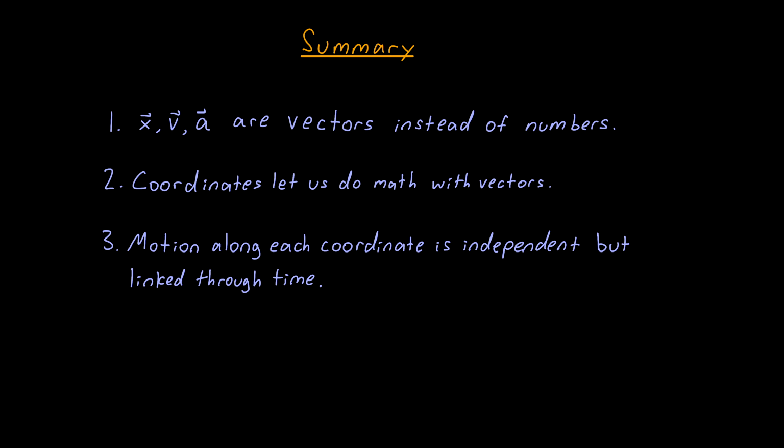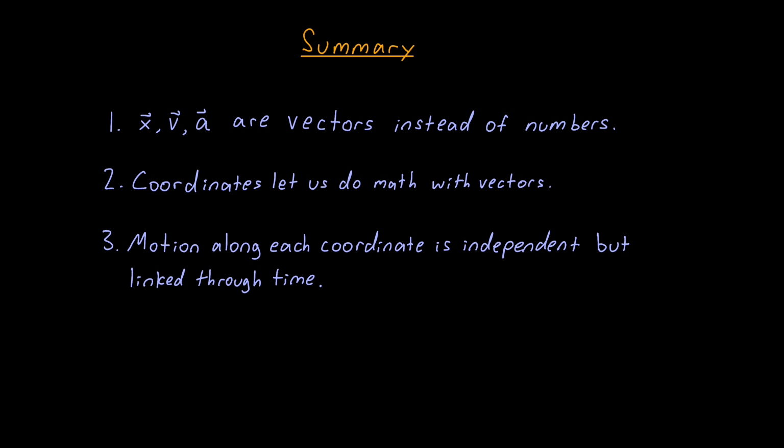So let's go back and summarize some of the key concepts that we talked about in this video about two-dimensional kinematics. The first thing that we noticed was that in 2 dimensions, or even more dimensions, as many dimensions as you like, the position, velocity, and acceleration variables are treated as vectors, or arrows in space, I should say, instead of just numbers.